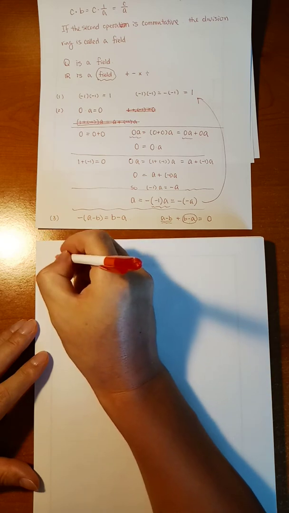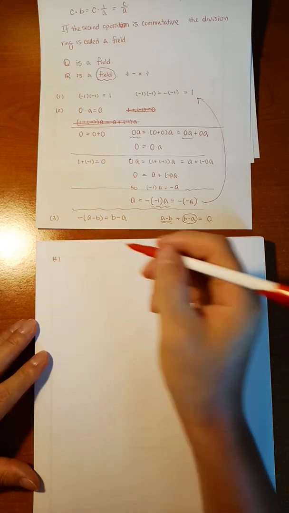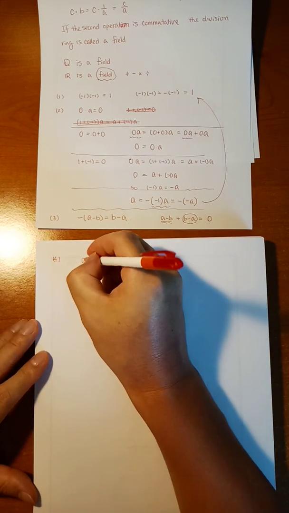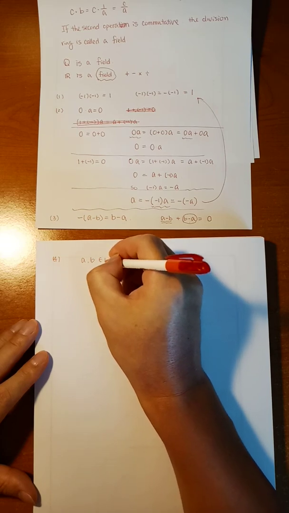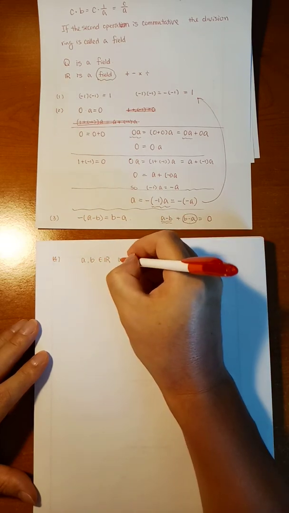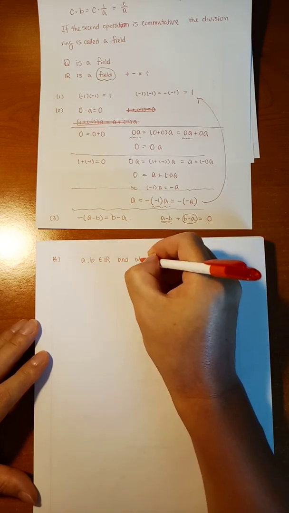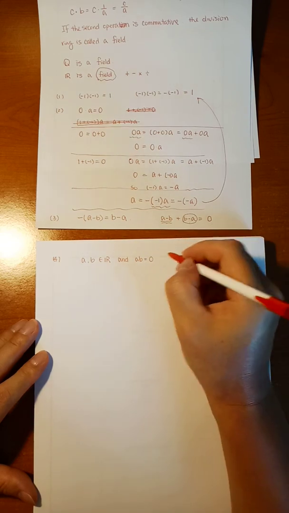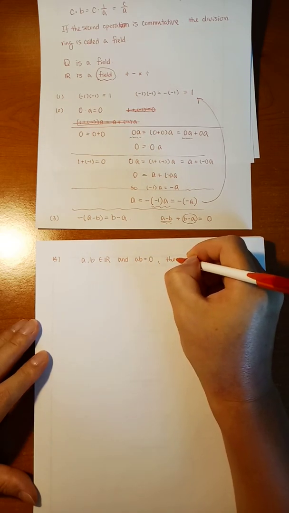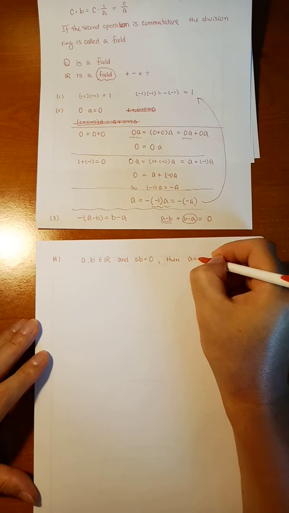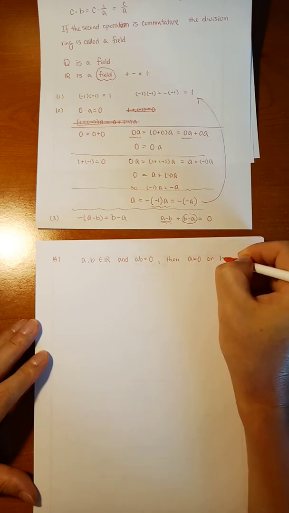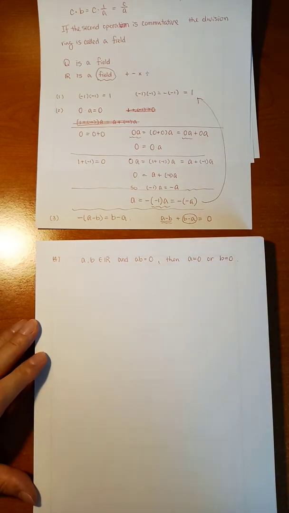The property is: if A, B in R and A times B equals 0, then either A is 0 or B is 0.